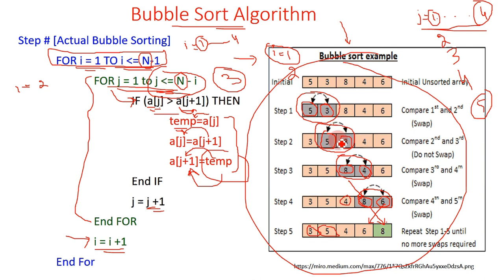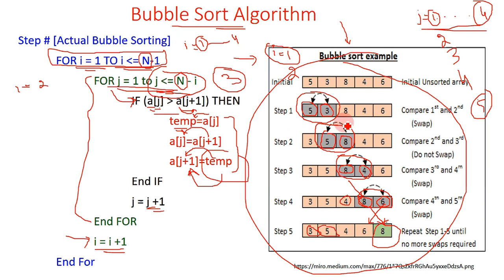Therefore it is called bubble sort. A point should be noted that in a single pass only one value will go to its proper location, meaning at the first pass the last location will hold either the greatest or the least value.